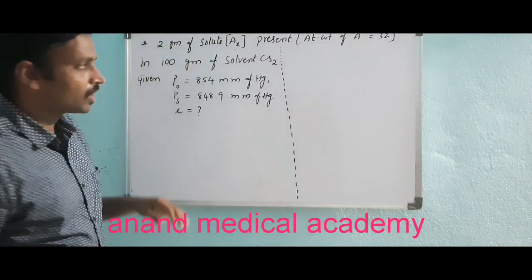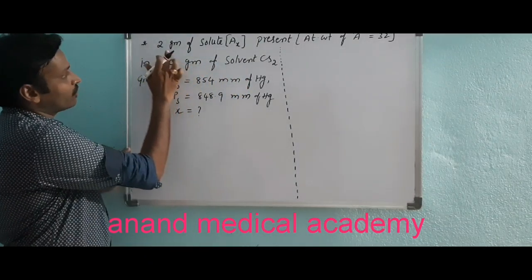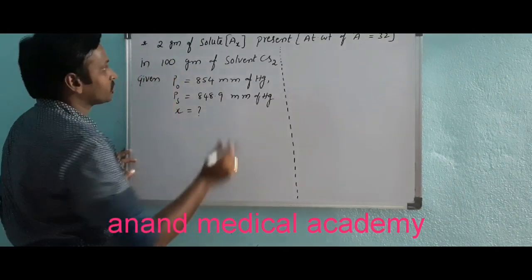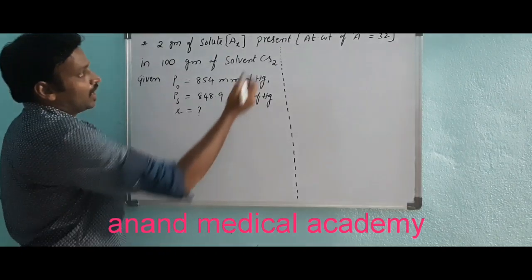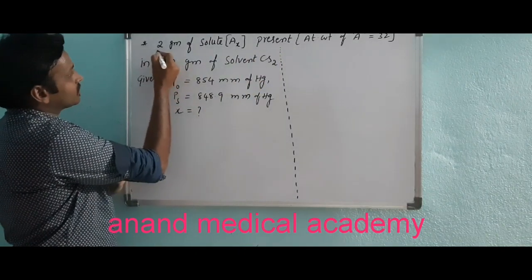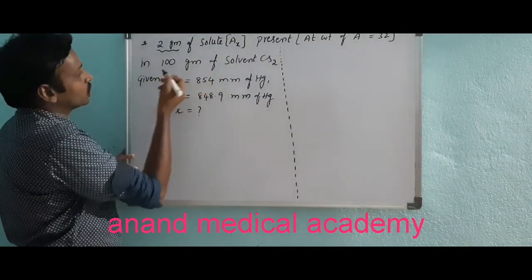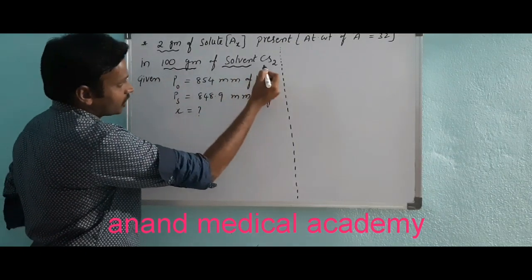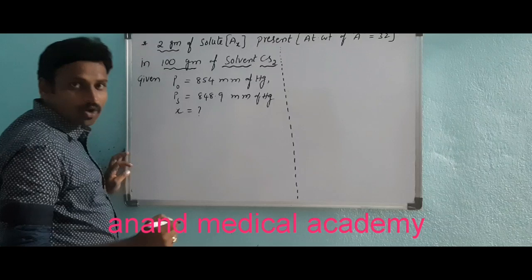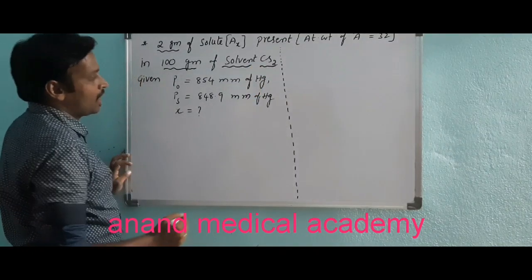by one. Got it? See, the first numerical: 2 grams of solute are present in 100 grams of a solvent, which we call CS2, carbon disulfide.